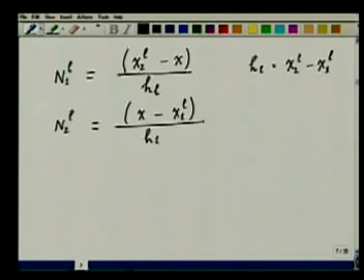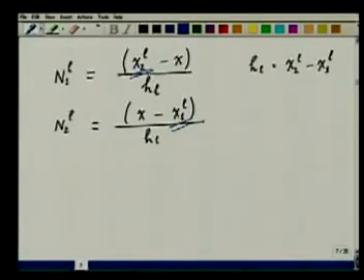As simple as this. And this is nothing but the phi L. N1L is the phi L and N2L is the phi L plus 1 in the element IL. Okay. So we have defined what these element shape functions are in terms of the element coordinates and in terms of the element size HL.